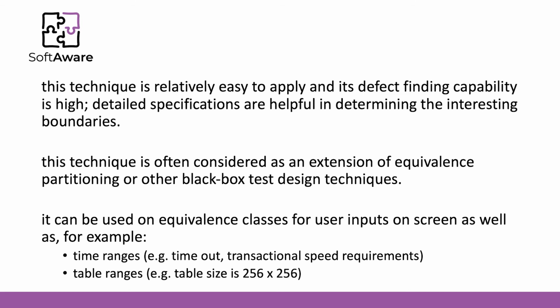Another quite common example is to test the boundaries of arrays and tables, the table ranges. For instance, when you have an array that starts at index 0 and the last position of that array is the size minus 1, you should test whether the array can accommodate values at 0, at the middle, and at the last position.